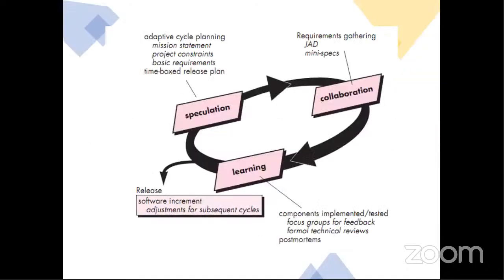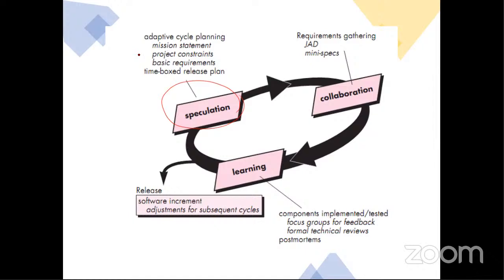If you see over here, the speculation is nothing but a requirement gathering and analysis phase, where a mission statement, project statements, project constraints, basic requirements are gathered together, and those are planned for a time box release. Then in collaboration, requirement gathering is collaborated.